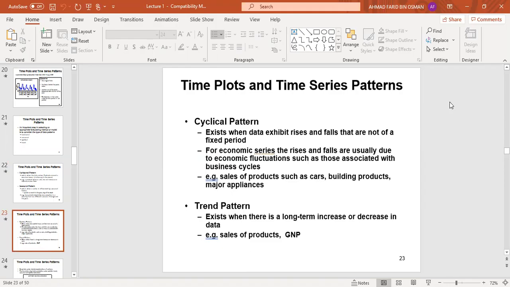It shows a cyclical pattern. The trend pattern exists when there is a long-term increase or decrease in data, for example sales of a certain product that is consistently increasing or continuously decreasing.